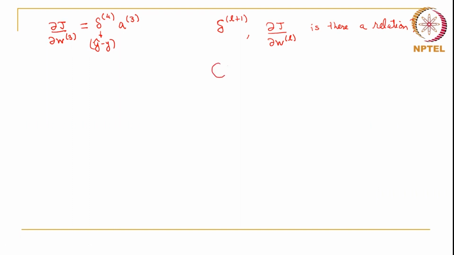Let me draw a general figure in order to aid you maybe. So this is, let's say, AL plus 1. It's AL. This would be ZL plus 1.